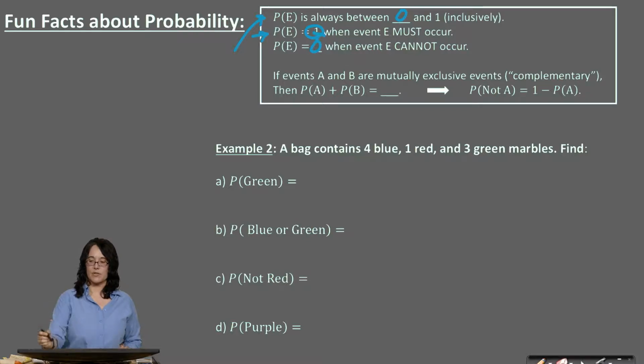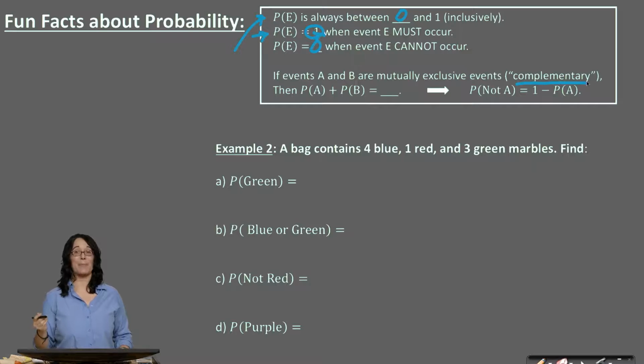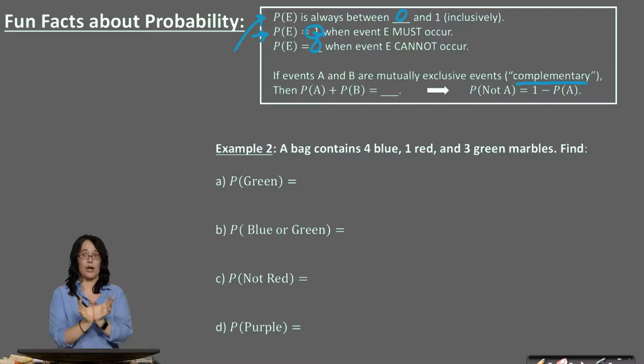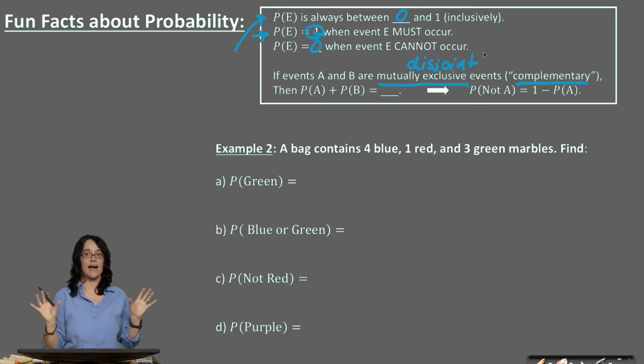Something else that's an interesting word, we've heard it in previous topics, is the word complementary. And that word, again, is telling us that two things are completing each other, right, to add up to the total. So when we're talking about two what we call mutually exclusive events, another word for that from our set theory chapters was disjoint. If you think back to your Venn diagrams when the two circles had nothing in common, right?